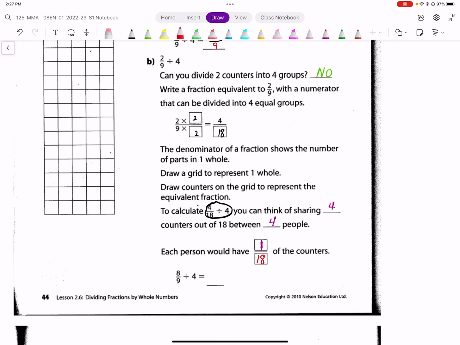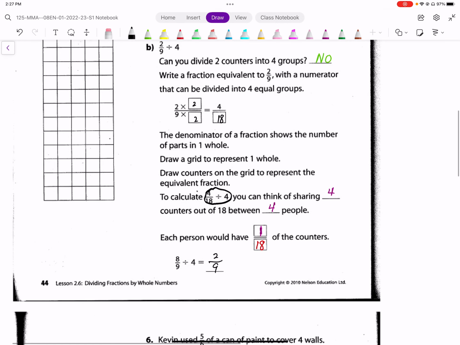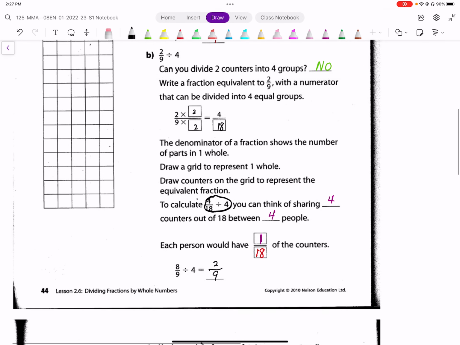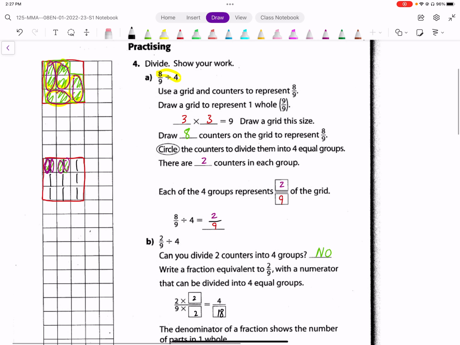So 8 over 9 divided by 4 gives us 2 over 9, because we can start with 8 over 9 and divide the 8 pieces into 4 groups of 2. And if I want to see how this works with multiplying by the reciprocal, I can do this up here.